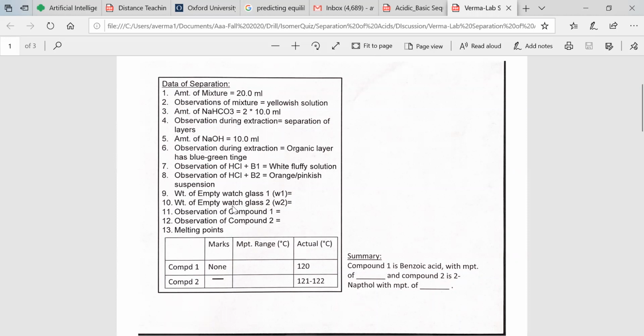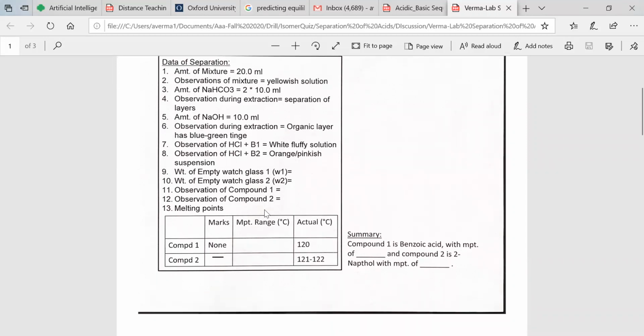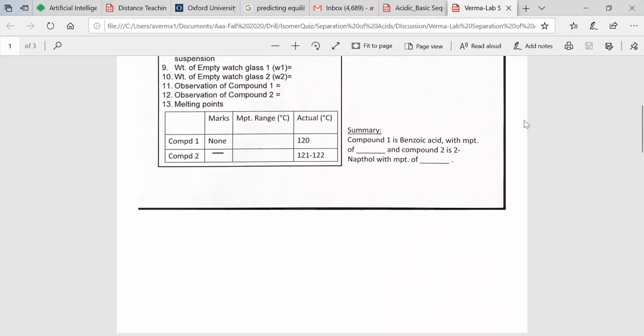And the final observations, which is what your final compounds look like. So you generate statements or sentences of the physical states of those compounds, the color, the physical state, etc. Make sure to end it with a summary.